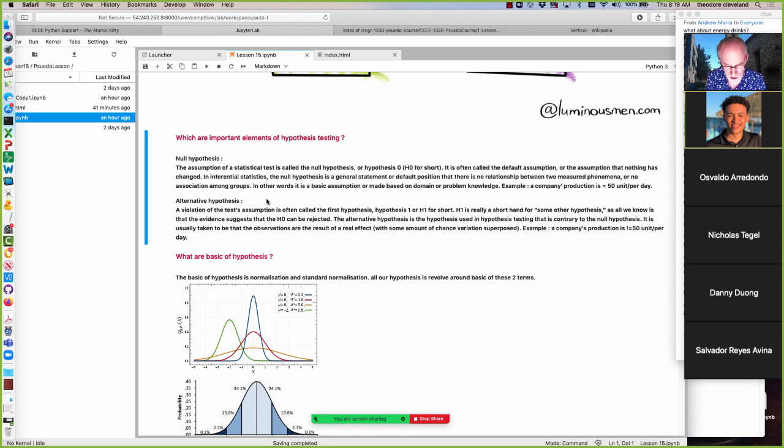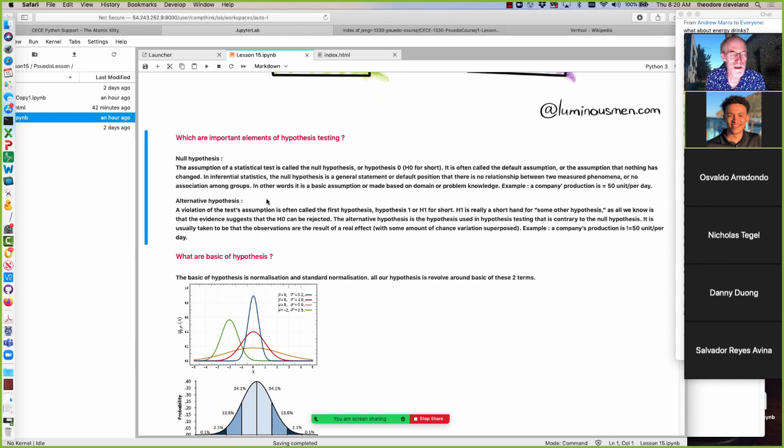The alternative hypothesis, or the alternative assertion, is the mutually exclusive alternative that we would test. So a violation of the test's assumption, violation just means it fails our statistical test, is usually called the first hypothesis, the alternative hypothesis, the alternate assertion, or H1, and it's a shorthand for some other hypothesis.